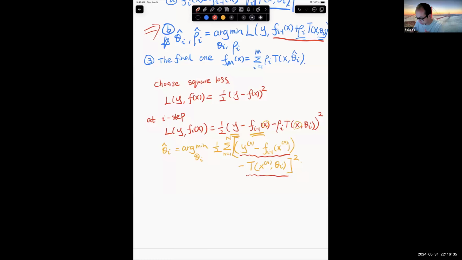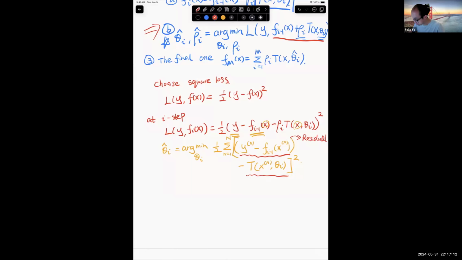So we are trying to train our new model on the residuals. We add one more tree, the new model, trying to approximate the residuals of the previous model. So this is very reasonable.